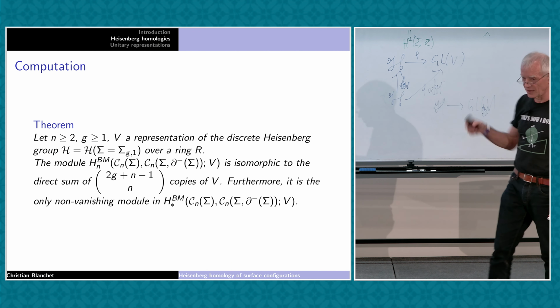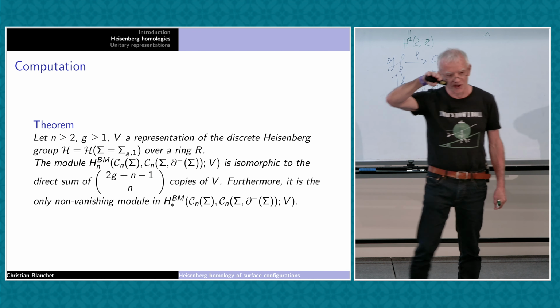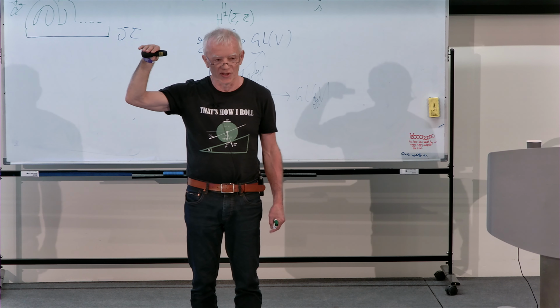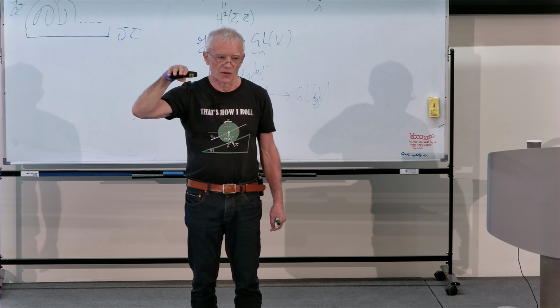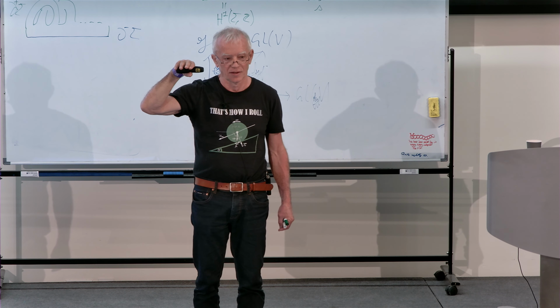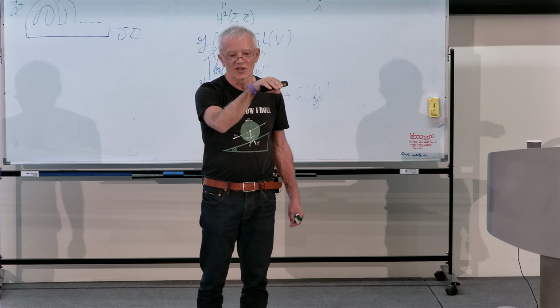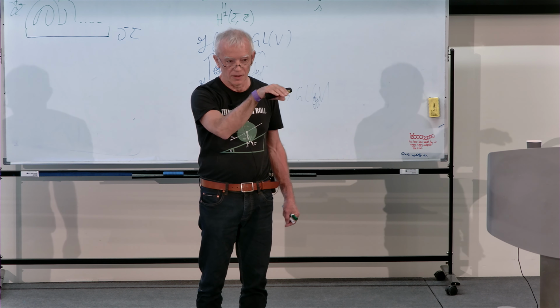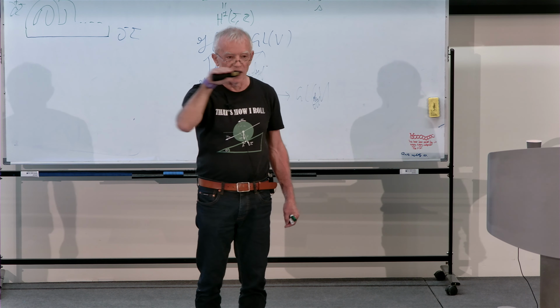So again, let's summarize. We started with configurations on a surface, understood that the Heisenberg group gives a covering space, a quotient map of the pi1. Then with a representation of Heisenberg, we get a nice local system, define certain homology, and there is some variant we can compute explicitly.